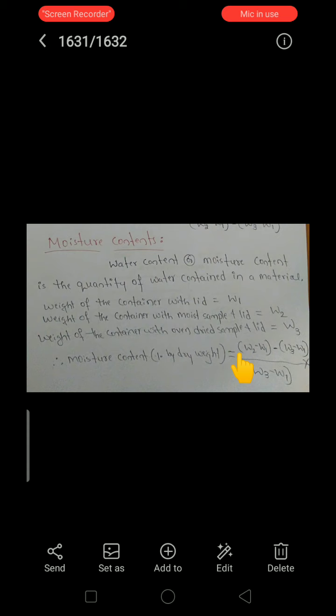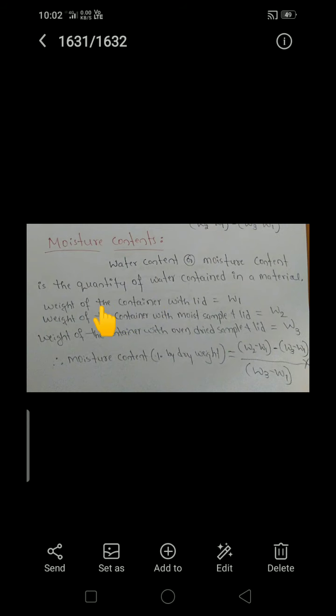After those 24 hours we check the weight again. So the weight will be the container plus dry soil sample and lid. Okay, so these are the three weights we take while determining the moisture content. The first weight is the weight of the container with lid, that will be W1, meaning empty, the container doesn't have any material inside.